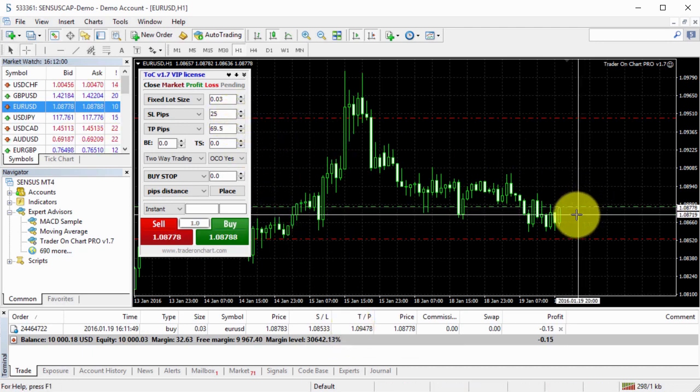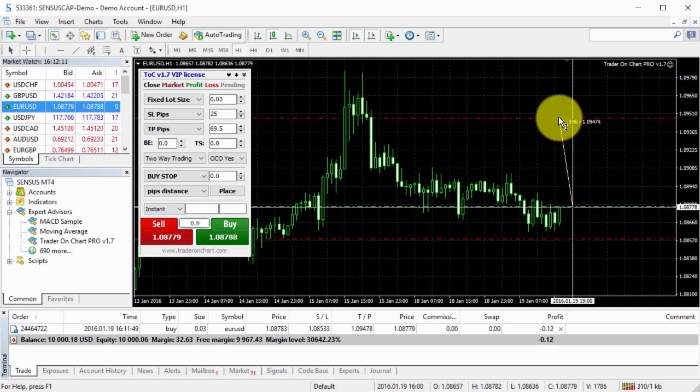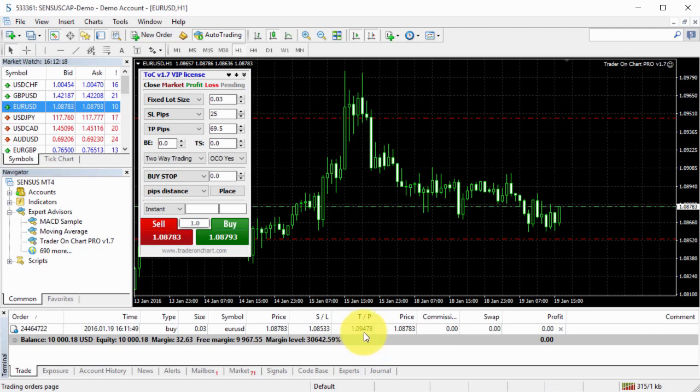I could try to measure it with my mouse right here. Yeah, it's about 25 pips stop loss, and my measurement is not that exact, but the take profit is at 69.5. You can do the calculation from these numbers right here.